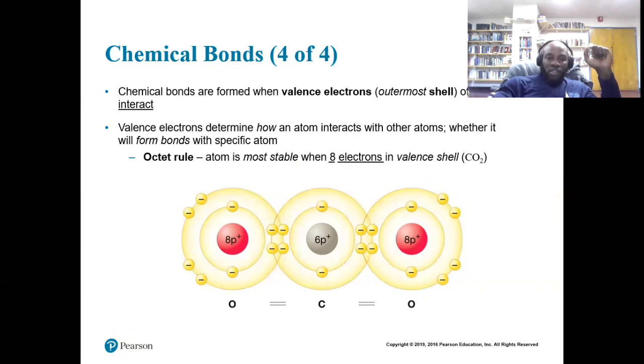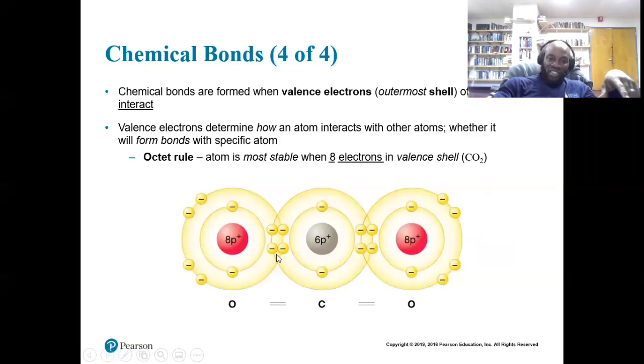All right, so the oxygen has 6 in its valence shell, so it wants to share 2. Each oxygen wants to share 2 of carbon's electrons to get to 8. The carbon has 4 in its outer shell, so it's willing to share 2 of its electrons with one oxygen, as long as that oxygen shares 2 of its electrons with that carbon, and it's willing to share its other 2 electrons with another oxygen, as long as that oxygen is willing to share 2 of its electrons with that carbon.